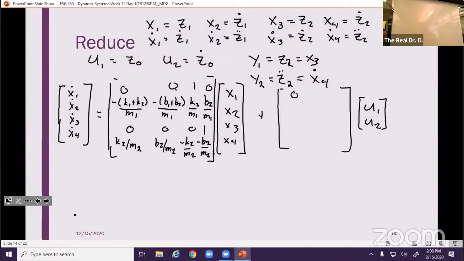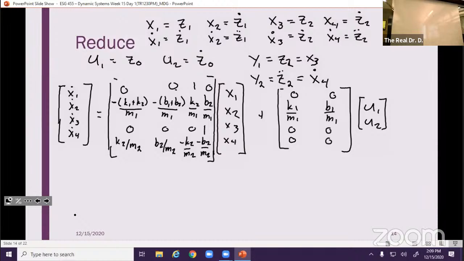C, if you go back and you look at these equations, the only one that has u1 and u2 in it is the x dot 2 equation. Now think about it. Mass 1 is the only one that has that input, the only one that has z not associated with it, right?